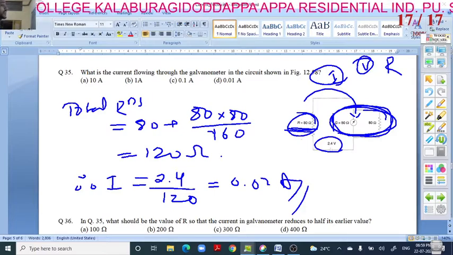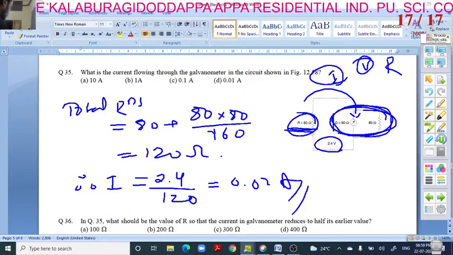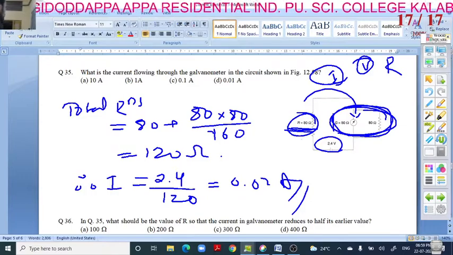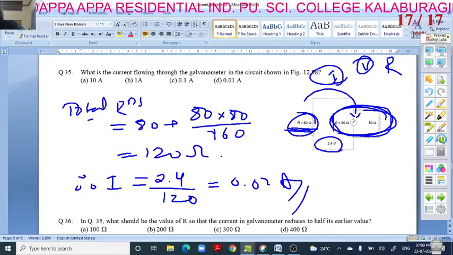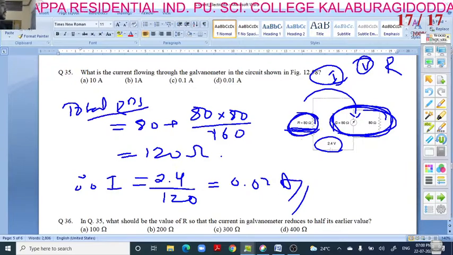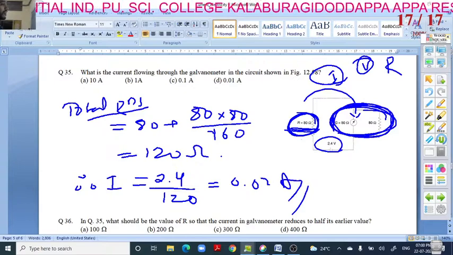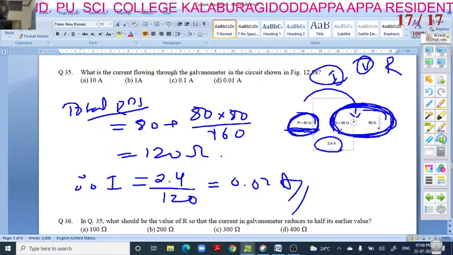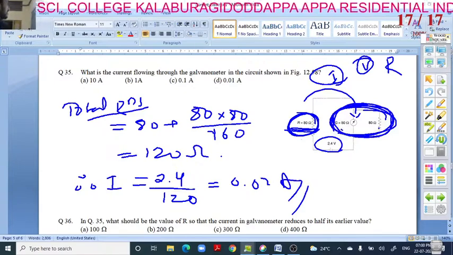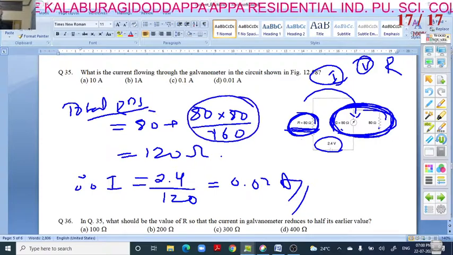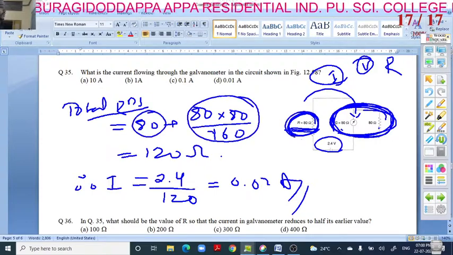I hope you are understanding this. Once you observe the figure, see what we have done here. We defined the total resistance. This resistance will be in series with this parallel combination. These two are parallel; just simplify it, and that term I have written here. This is parallel, and that will be in series with this 80 ohm, right?